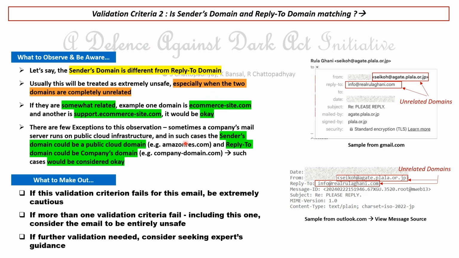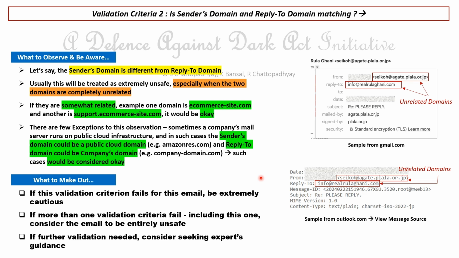And of course, you won't be able to make out by just looking at one or two aspects of a mail. So, I would really encourage you to see through this whole presentation and then try and align this whole investigation process with all the criteria that are listed here. And if you see multiple criteria getting satisfied for a particular mail, then you definitely have valid reasons to be suspicious about it.